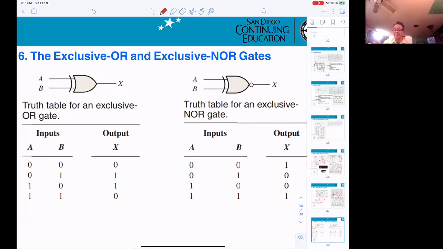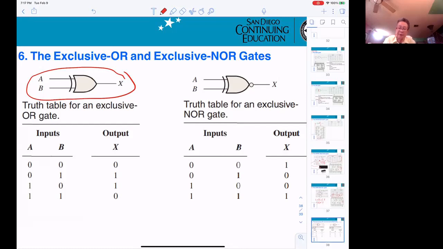Now, this is just the formula. We follow it. Exclusive OR, exclusive NOR. When you see they draw it this way, that's exclusive OR. When they add a bubble, it's exclusive NOR. And this is a truth table for you. 0, 0 gives 0; 0, 1 gives 1; 1, 0 gives 1.